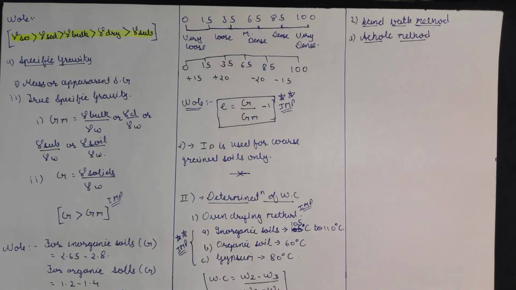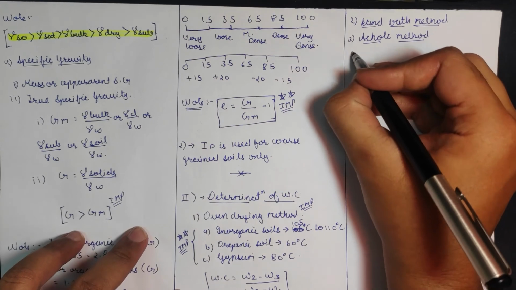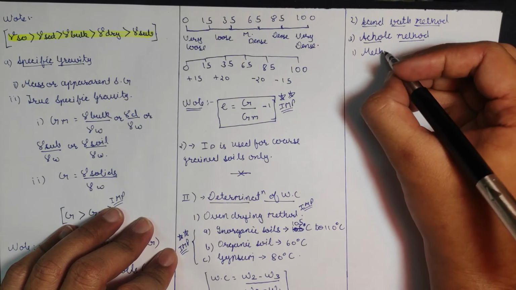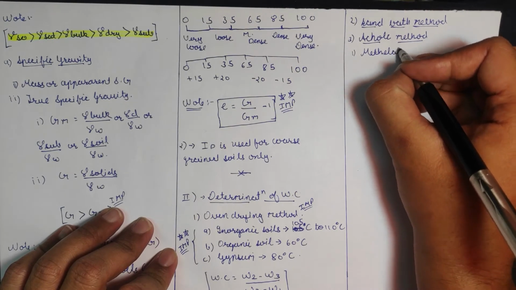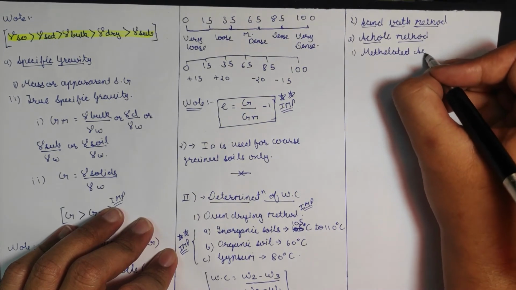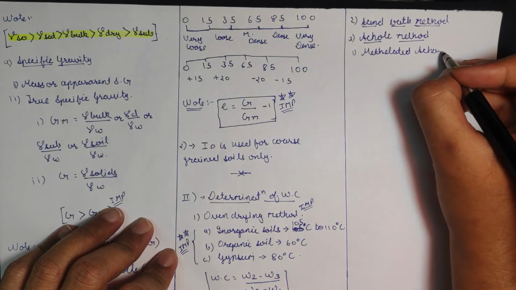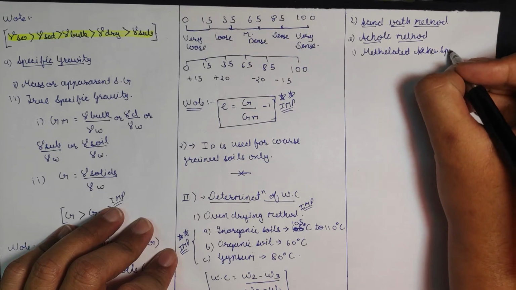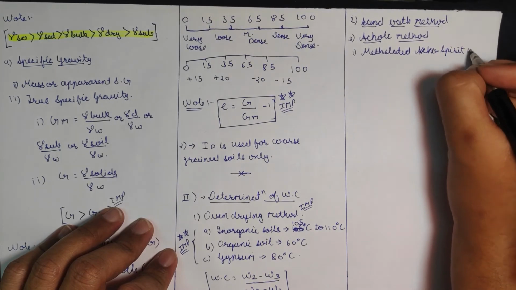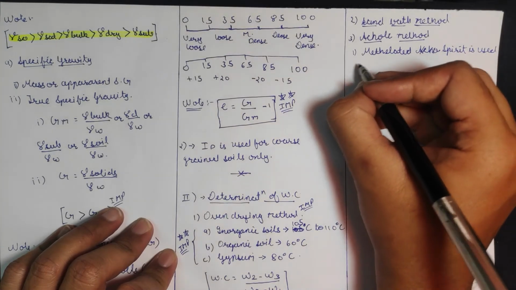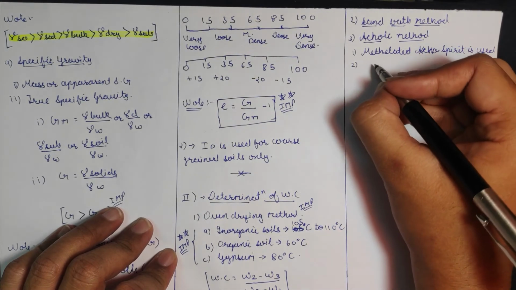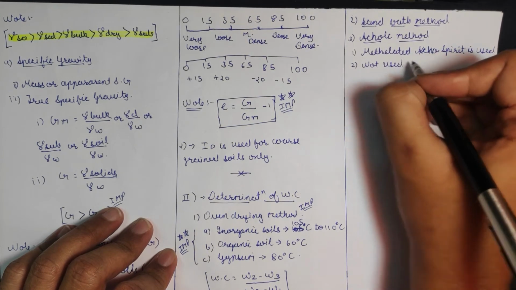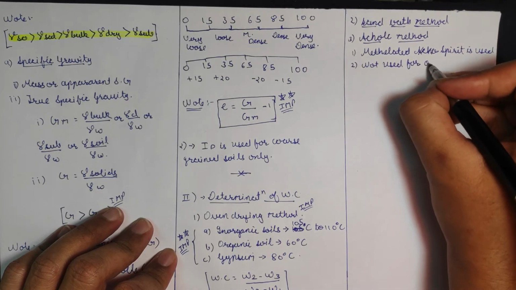Hence the points to remember in this method are: first, methylated spirit is used, and second, it is not used for organic soils.